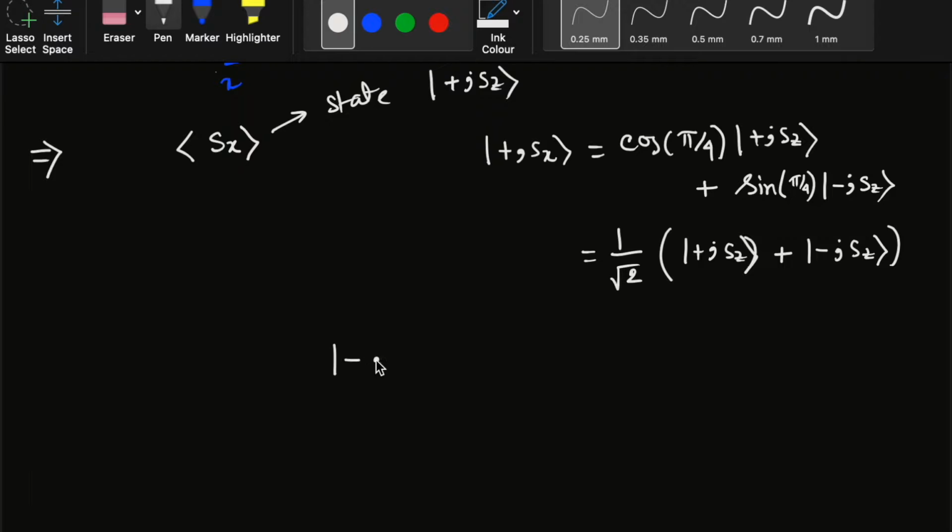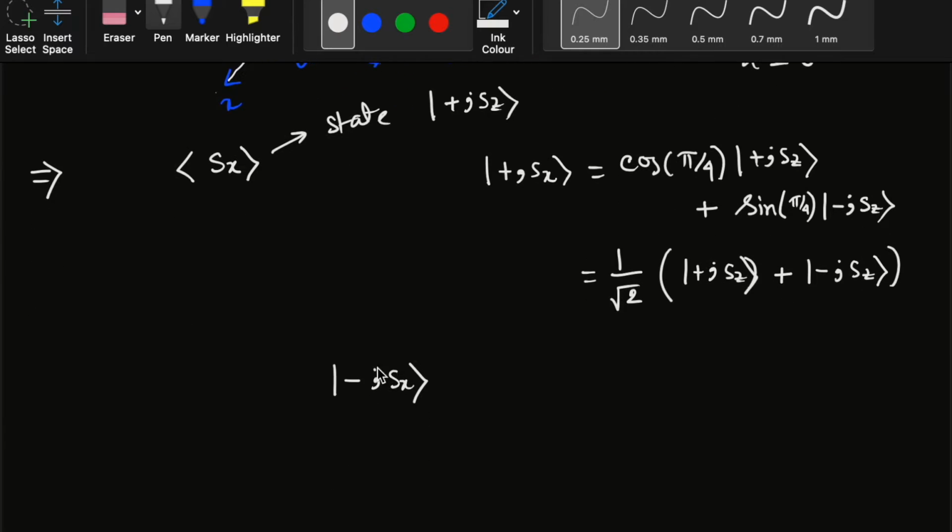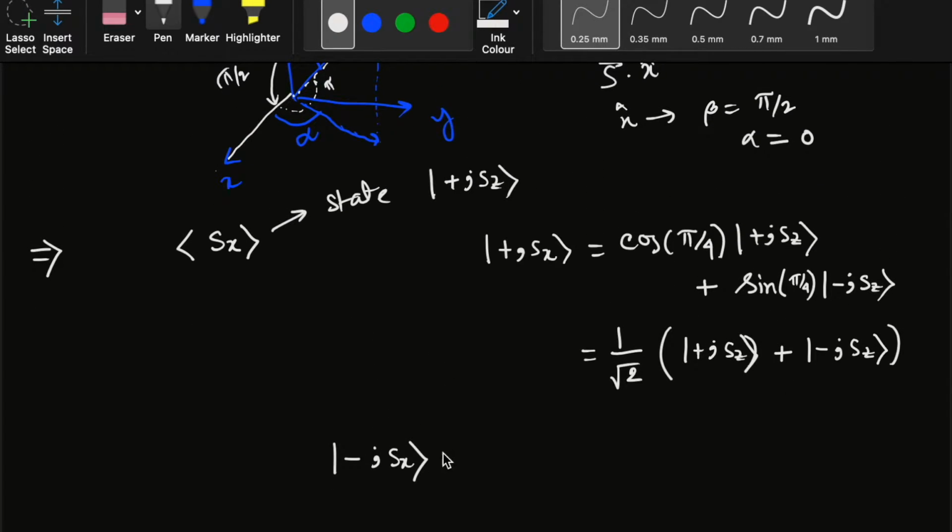Minus Sx is for the minus x cap. The beta will be pi by 2, but the alpha will be pi. So then minus Sx will be cos pi by 4 plus Sz plus sin pi by 4 e to the power i pi minus Sz.